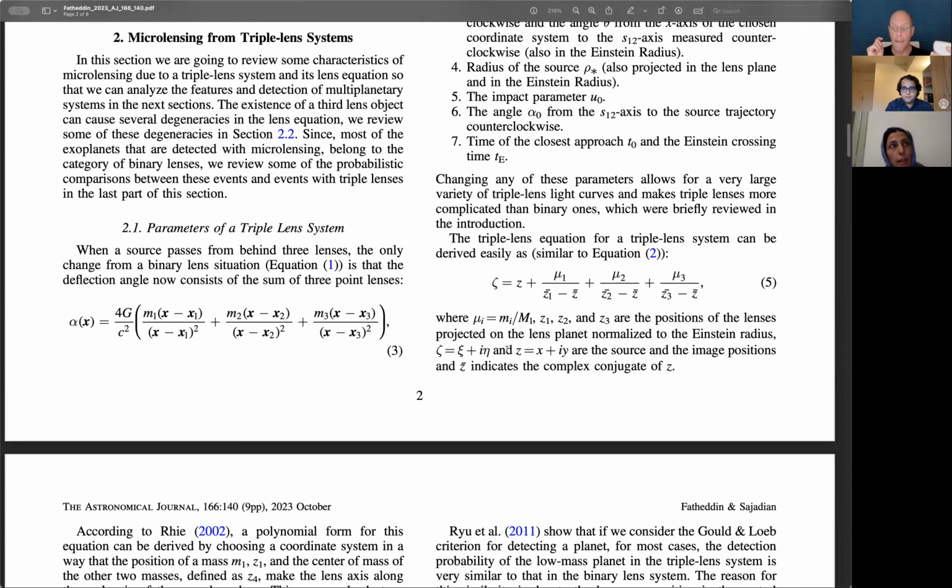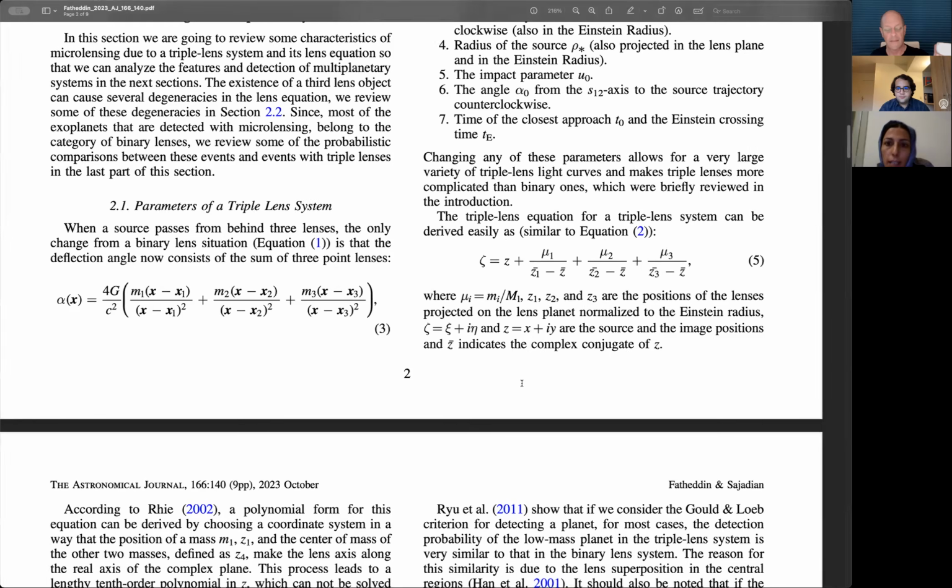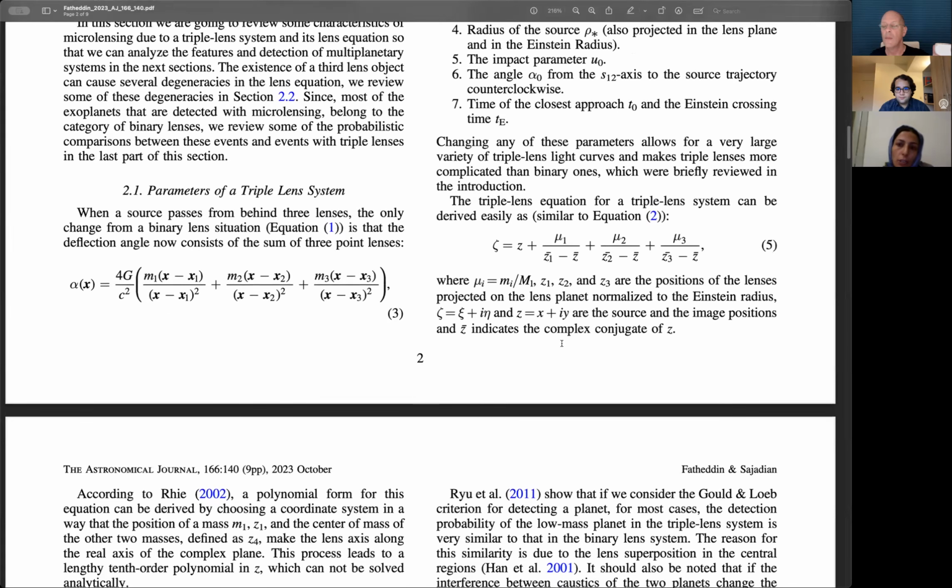Kc is the location of the source star projected on the lens plane, and given that position, we aim to determine the position of its images. The positions of the images are given by Z. So we need Z versus Kc in this equation, and Z1, Z2, Z3 are the locations of the host star, planet 1 and planet 2, the three lenses.